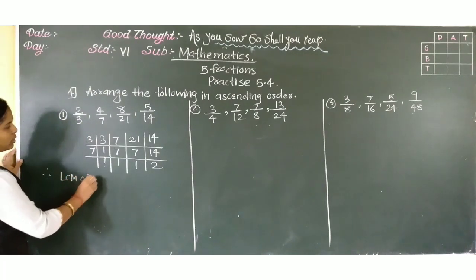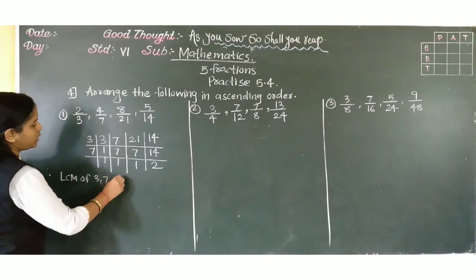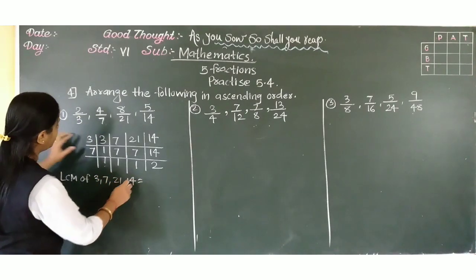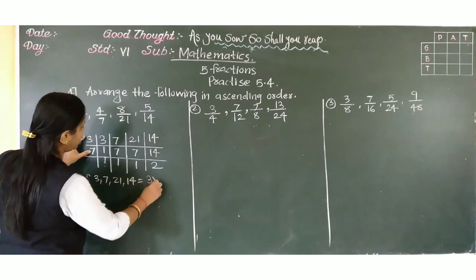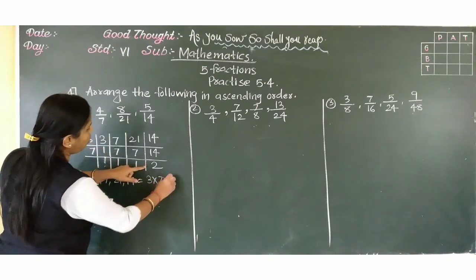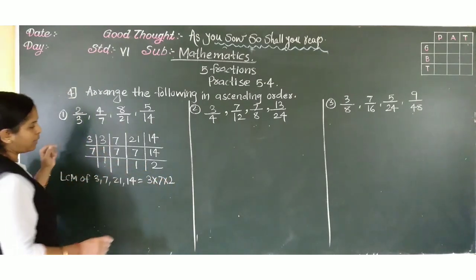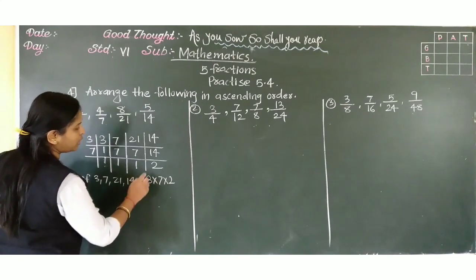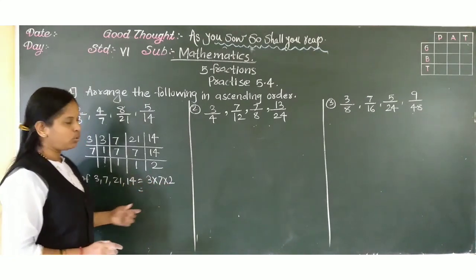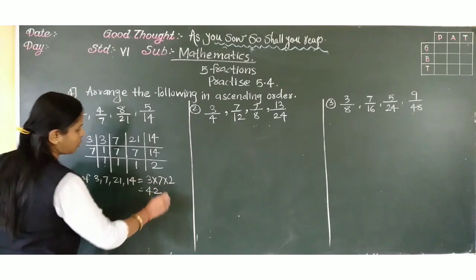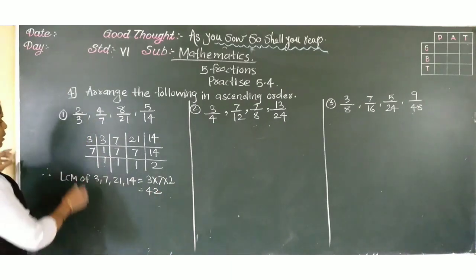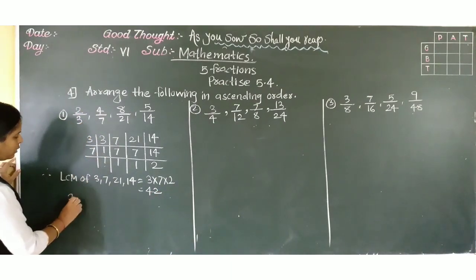LCM of 3, 7, 21 and 14 is equal to, what we have to do? Multiply 3 into 7 into 2. All these numbers we have to multiply. So 7 threes are 21 and 21 twos are 42. Okay? Then take this 2 upon 3.